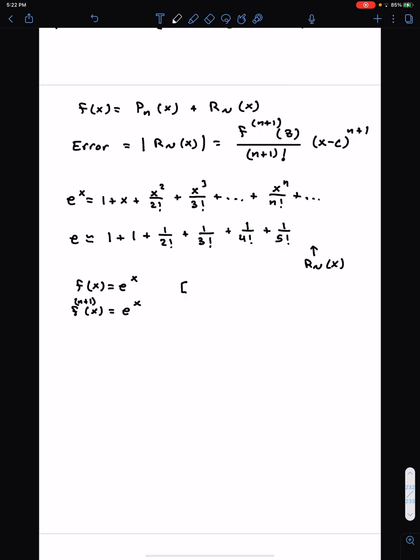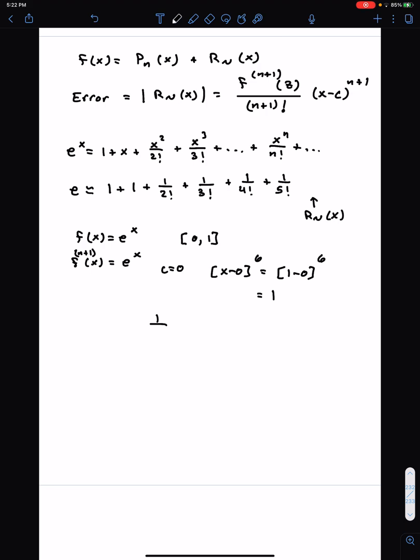The maximum of that function on the interval 0 to 1 is e. So when c is equal to 0, x minus 0 to the 6 is equal to 1 minus 0 to the 6, which is equal to 1.